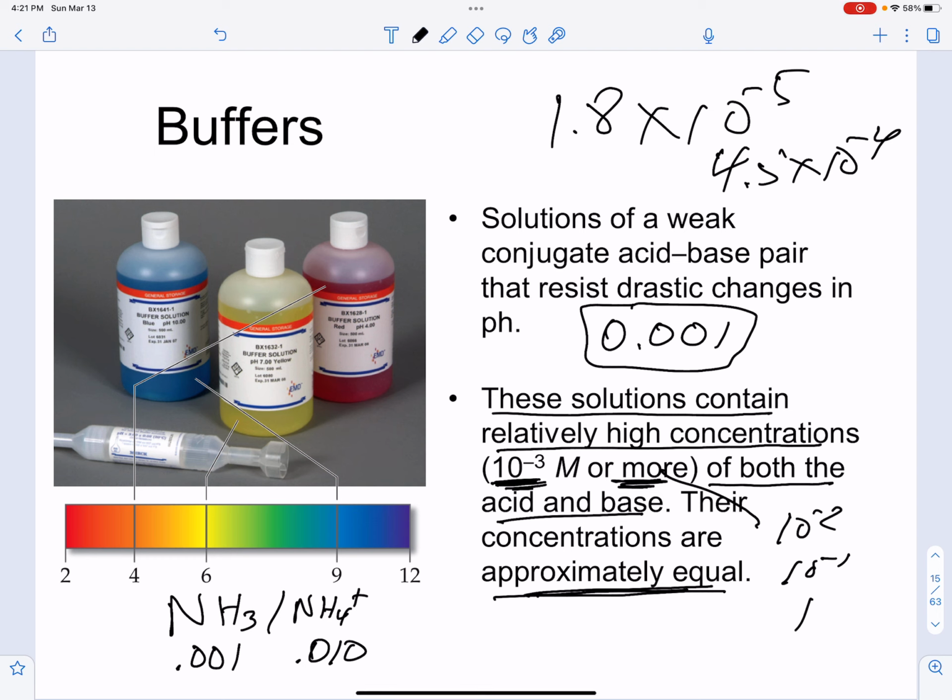That's like a tenfold difference. And the reason is because you can be adding an acid or you can be adding a base, and you want this system to be able to neutralize either one of them without suffering much on one side or the other. And you're going to understand this better once I tell you how a buffer works.